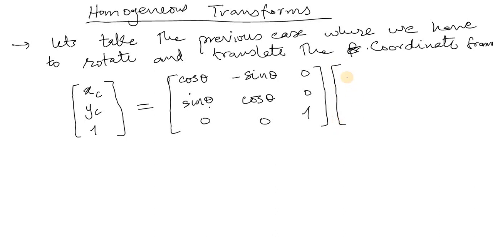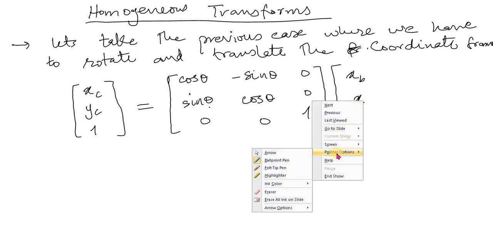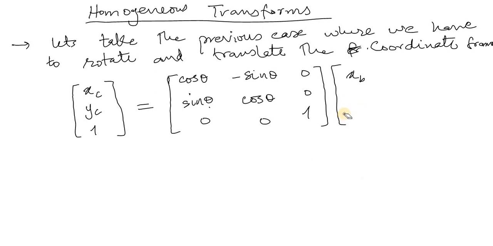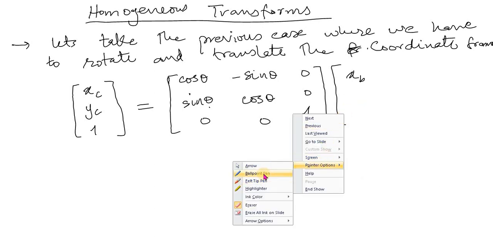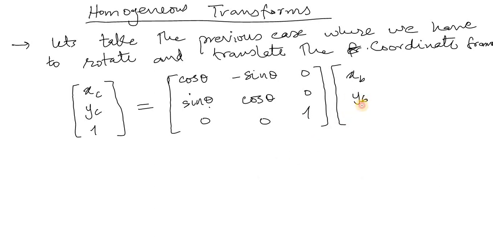We multiply these coordinates of the rotated frame, x b, y b, and 1, to get your intermediate coordinates.